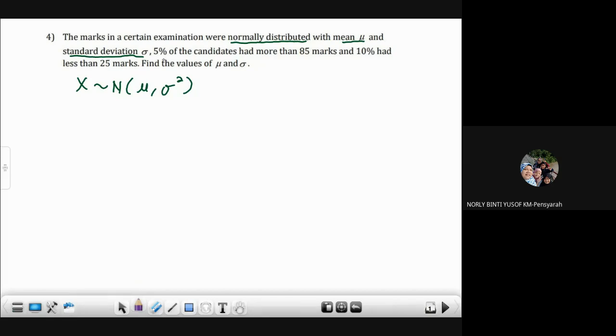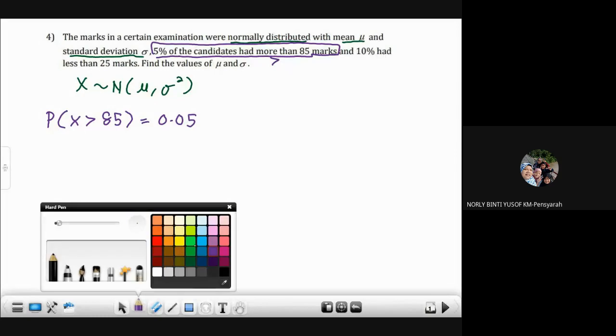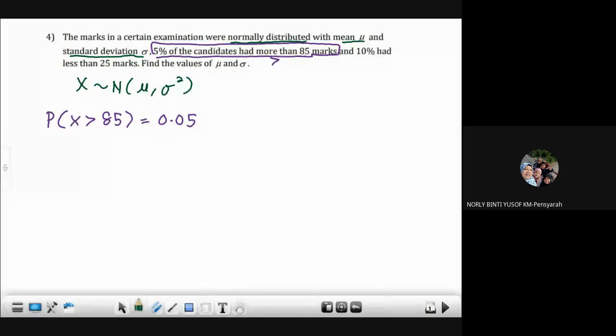So contoh untuk yang pertama, 5% of the candidates have more than 85 marks. So more than, the discrete is greater than. So the first one, discrete tu dia dah bagi greater than 85 and the probability also given, 5% is 0.05. Selalu kan you baca, you standardize the score Z. Sekarang dia beri.